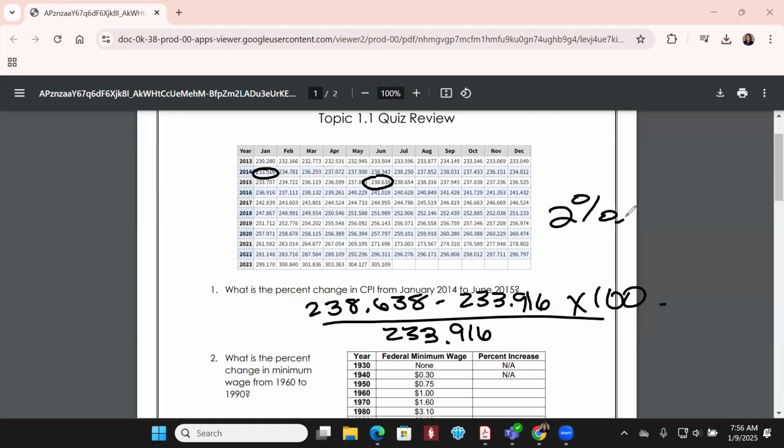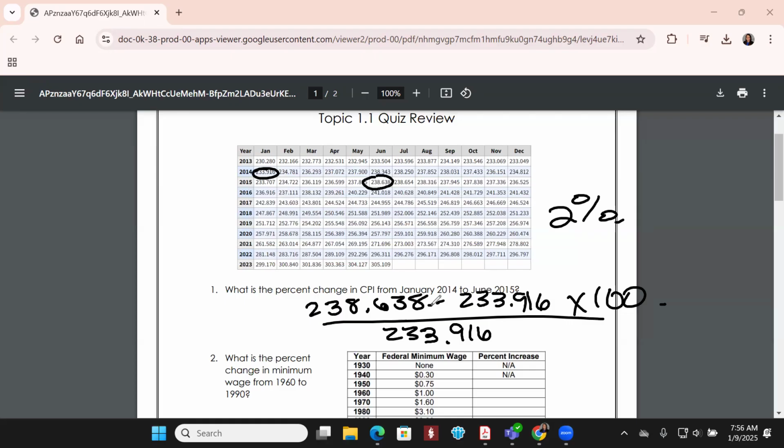Anybody else get anything different? 1.9%-ish. Did we round before we got to the end? Make sure that you put all 3 numbers because they gave you all 3 numbers, right? Okay, so you should get something around 2.